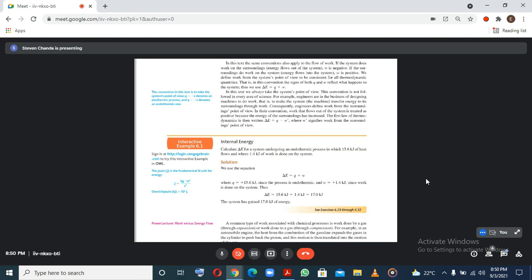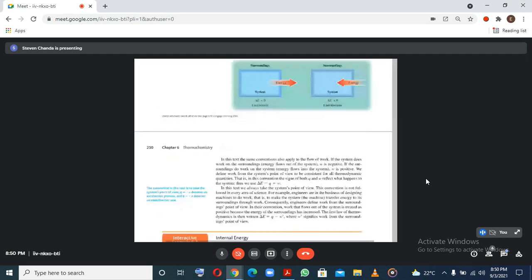So you see that if the change in energy is less than zero, meaning you've lost energy, it's exothermic. If your change in internal energy is positive, meaning you've increased your internal energy, the reaction is endothermic.